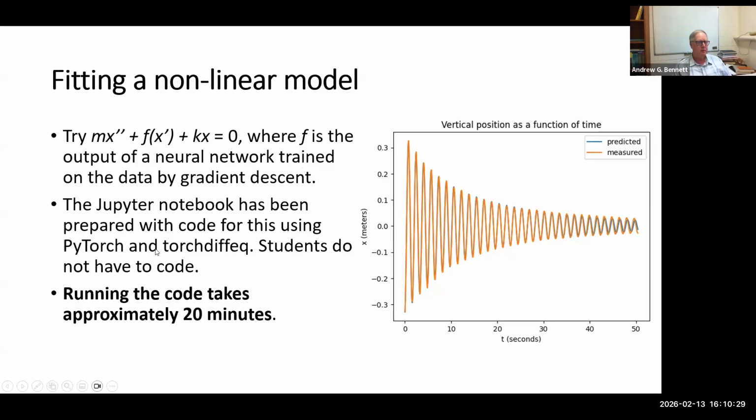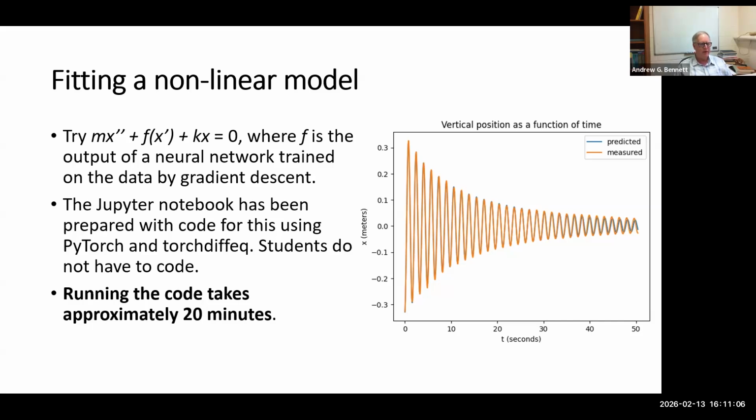The way this does it is it picks an f, solves the differential equation numerically, compares, goes back, figures out the gradient of how each of the different little parameters in the neural network affected the loss function over the whole thing, updates those parameters, runs it again. After about 100 runs, we got to where the loss function had stabilized to 4 digits. The biggest thing the students noticed is that took 20 minutes.